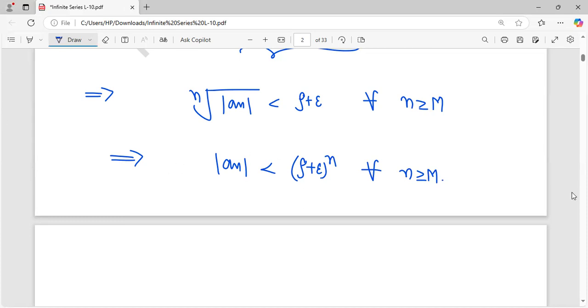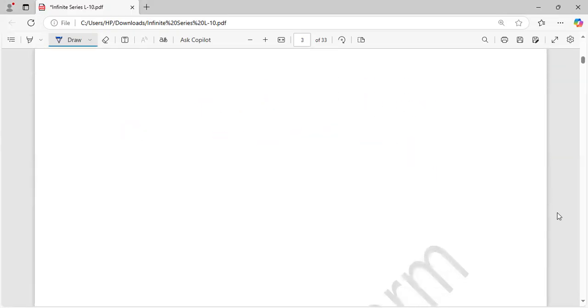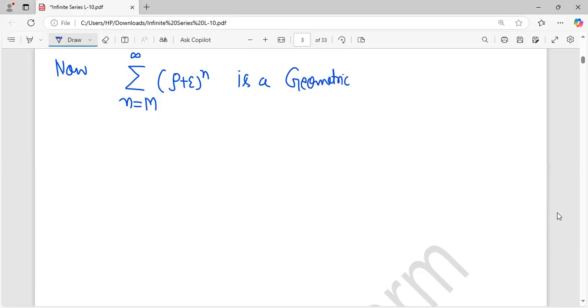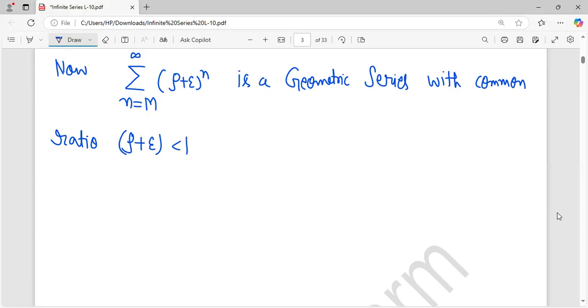Now this series, the sum from n goes to capital M to infinity of rho plus epsilon to the power n, is a geometric series with common ratio rho plus epsilon, that is strictly less than 1.